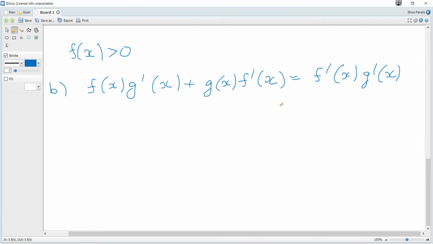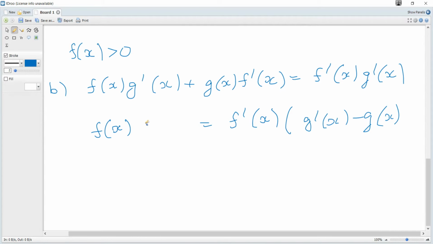So we can see that we can move this to the right and just factor out f'(x) to get f'(x) multiplied by g' minus g of x, and on the left hand side it becomes f of x g'(x).